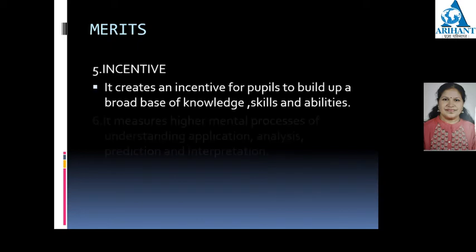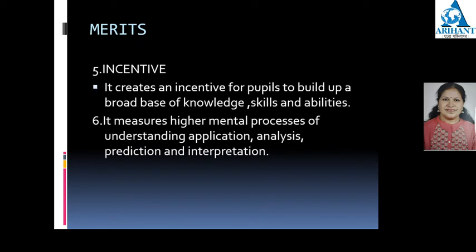Now next is incentive. It creates an incentive for pupils to build up a broad base of knowledge, skills and abilities. Next merit is it measures higher mental processes of understanding, application, analysis, prediction and interpretation. To develop these higher mental abilities, teachers have to construct objective test items in a particular manner through which we can measure these higher mental processes.